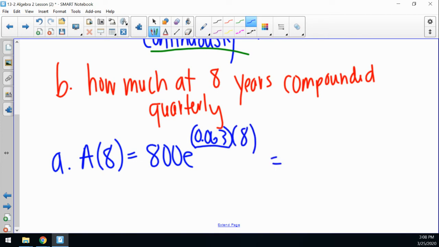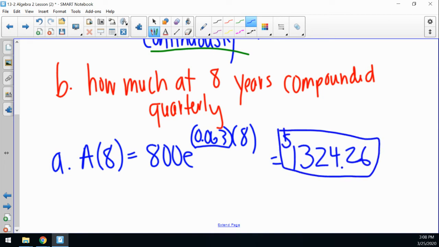And I go to my calculator, I type this in, 800 e to the 0.063 times 8 power, and I end up getting 1,324.26. That's how much is in there if we compound it continuously, right?